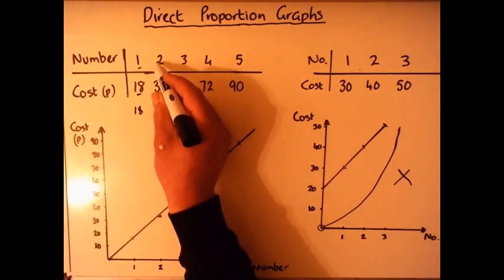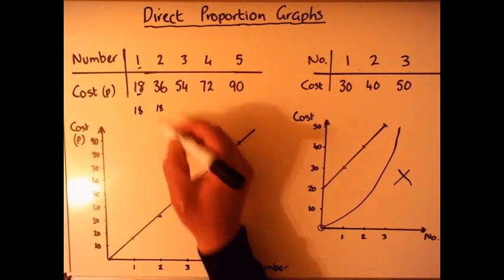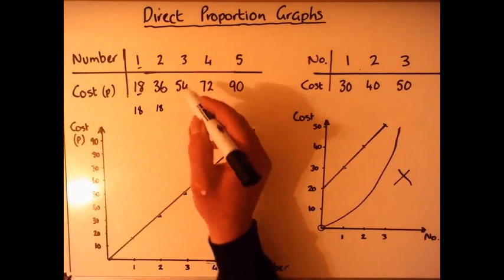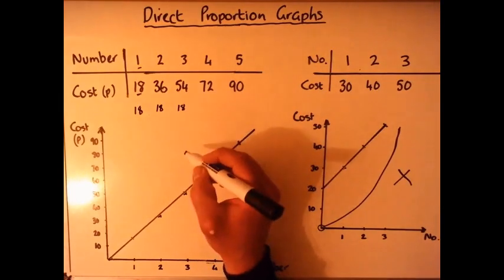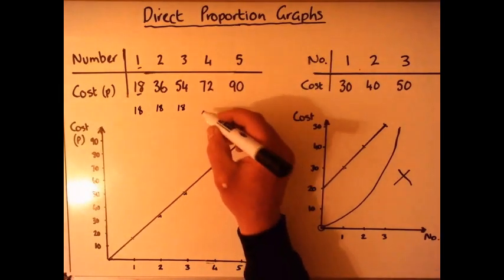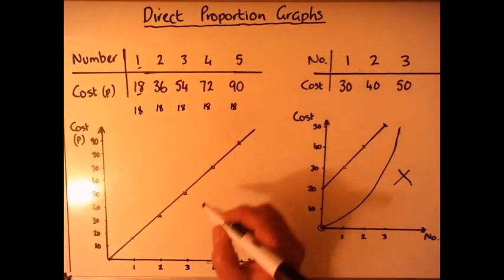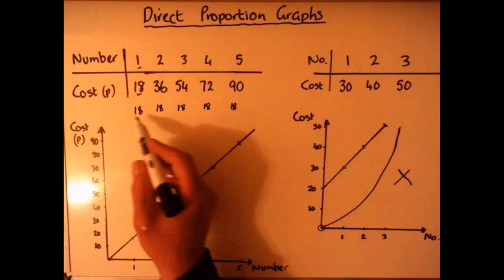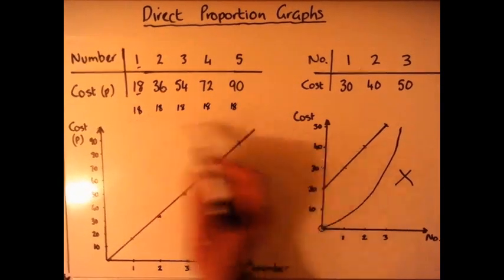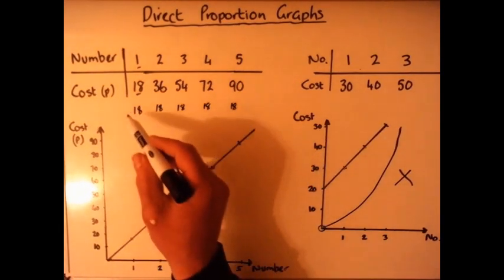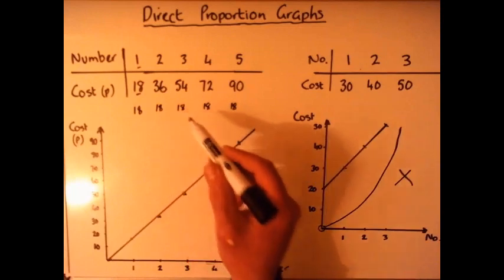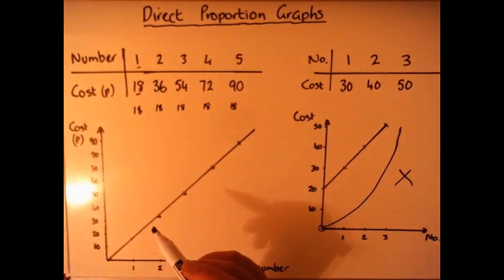When I do 36 divided by 2, I get 18. When I do 54 divided by 3, I get 18. When I do 72 divided by 4, 18. 90 divided by 5, 18. So each time when it's direct proportion, you will always get the same answer. It won't always be 18, but they will always give you the same answer.